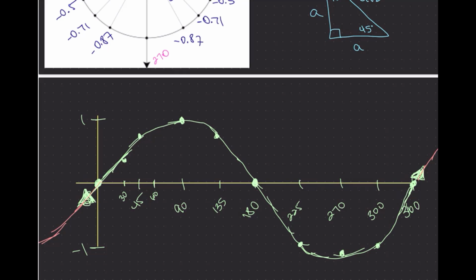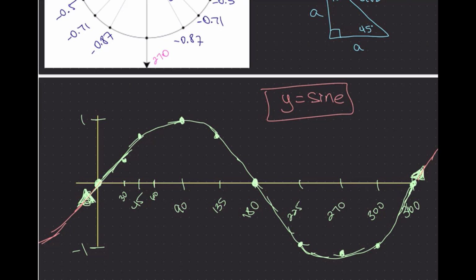So good things to remember when it comes to sine: we always want to make sure that our y values equal sine. Because next we're going to get into cosine, and cosine is going to be the x values. When you're graphing, I'm going to call it the parent function of sine.